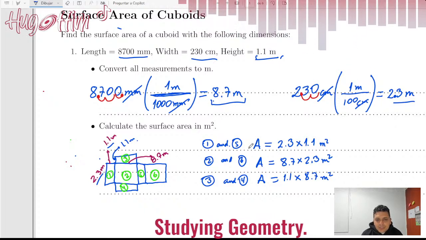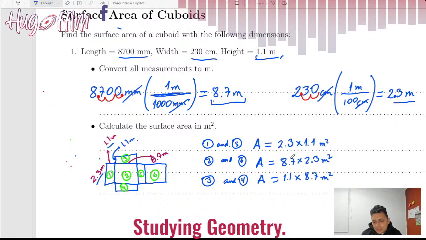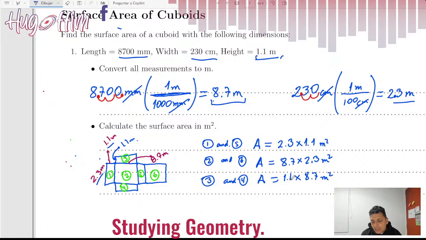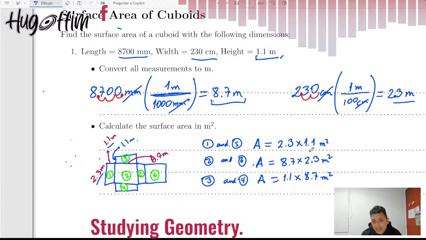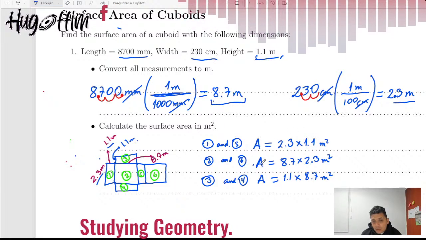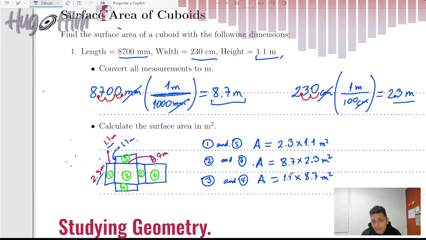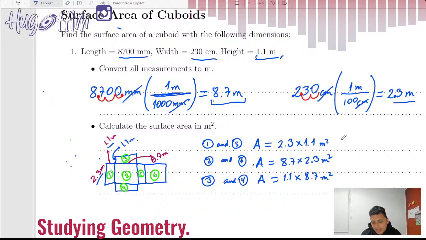Now observe that what I'm doing is just using pairs of dimensions to calculate the surface area. And remember that I have two rectangles of each, so this answer must be multiplied by 2 to get the total area. I need to multiply this area by 2, this area by 2, and this area by 2.